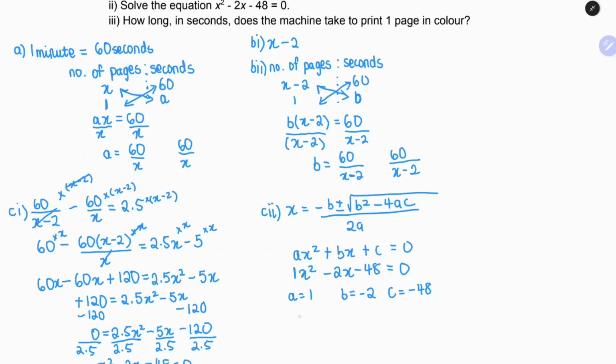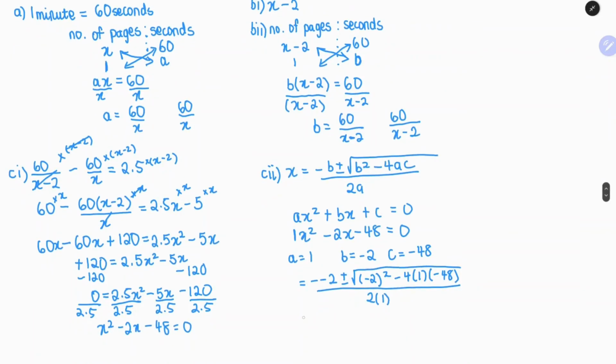So it's going to be negative negative 2 plus or minus the square root of b, which is negative 2 squared, minus 4 times 1 times negative 48, divided by 2 times 1. So that's going to be 2 plus or minus the square root of 4. Obviously, because a minus and a minus give you a plus, that's why it suddenly becomes a positive 2.